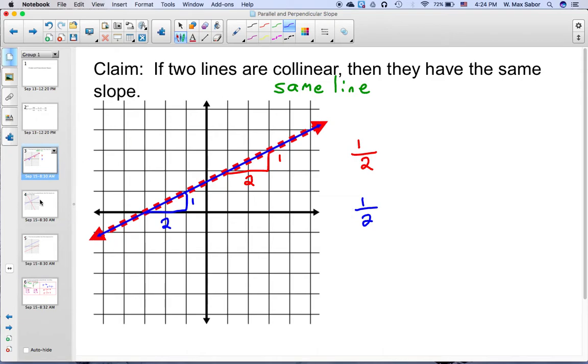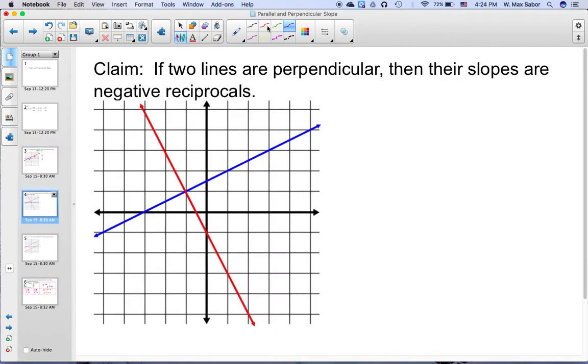Now this isn't a proof, but this is a true claim. If two lines are perpendicular, then their slopes are negative reciprocals. So we already showed this line has a slope of 1/2. And this line has a slope of down 2 and right 1. So this slope is negative 2 over 1.